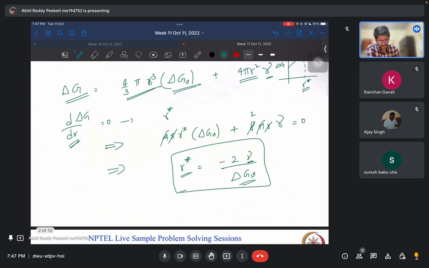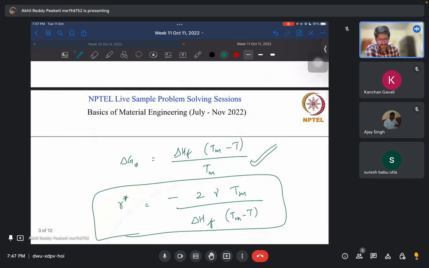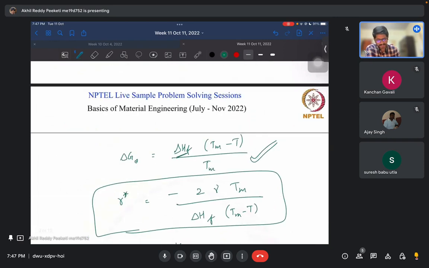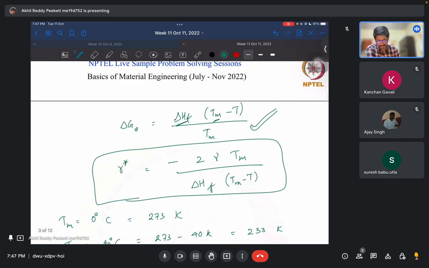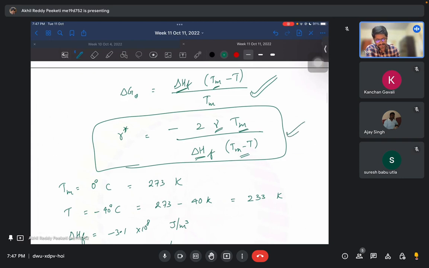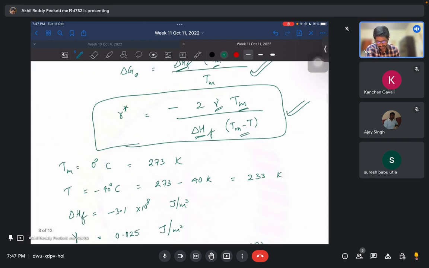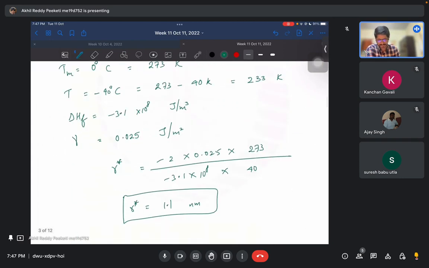This delta GV is directly related to the latent heat of fusion and melting temperature in this way. Substituting this, we get the critical radius in terms of surface energy, melting temperature, the difference between melting temperature and nucleation temperature, and latent heat of fusion. This is the formula we use to estimate the critical radius.